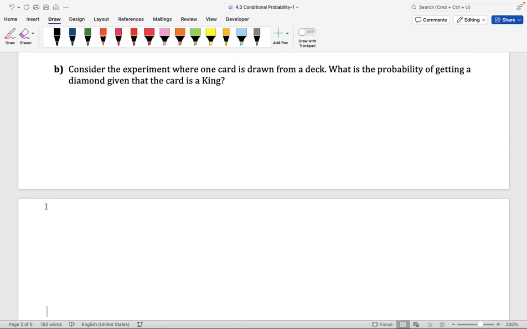Now here you have another example. In this example, you're being asked to consider the experiment where one card is drawn from a deck. We're talking about the deck of 52 cards. You're being asked, what is the probability of getting a diamond given that the card is a king?